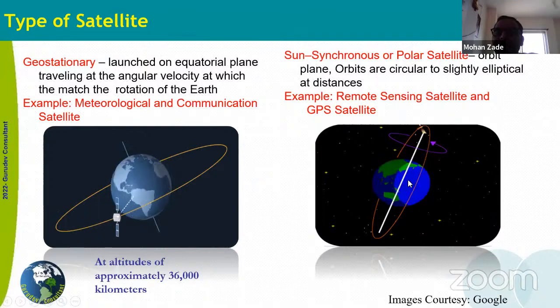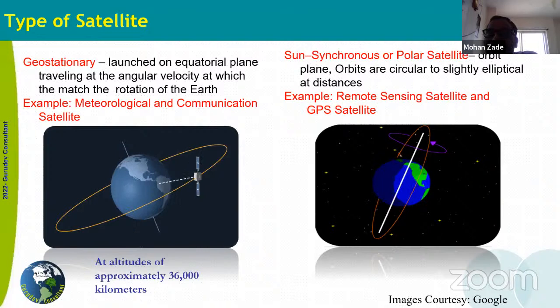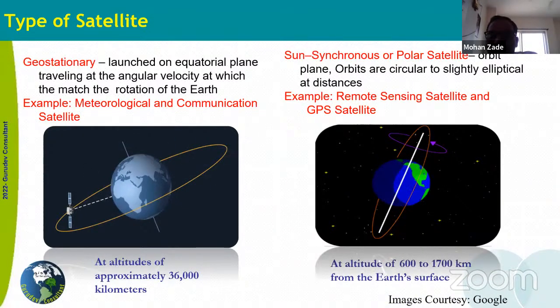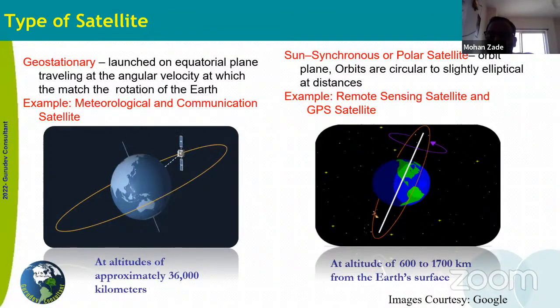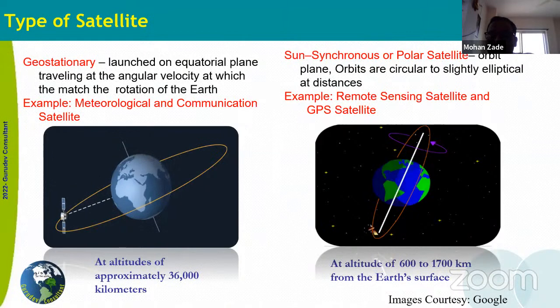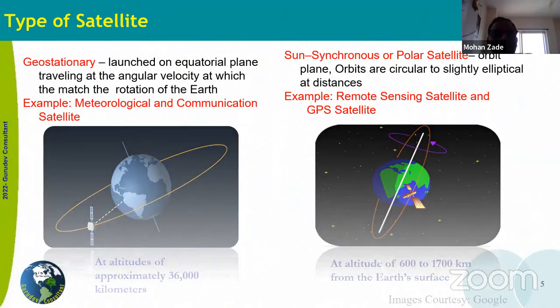Sun-synchronous satellites follow the solar direction, so as the sun rotates, the satellite position also changes. They are placed around 600 to 1,700 kilometers from the Earth's surface. So remember, geostationary satellites are always placed above 36,000 kilometers, whereas sun-synchronous or polar remote sensing satellites are around 600 to 1,700 kilometers.